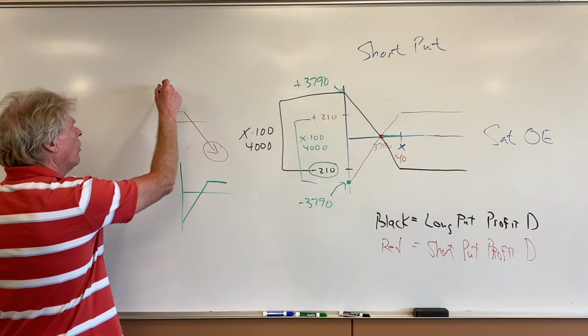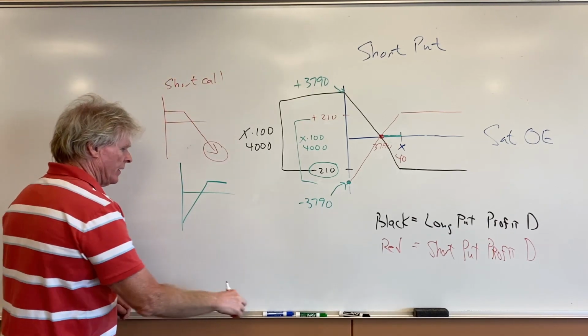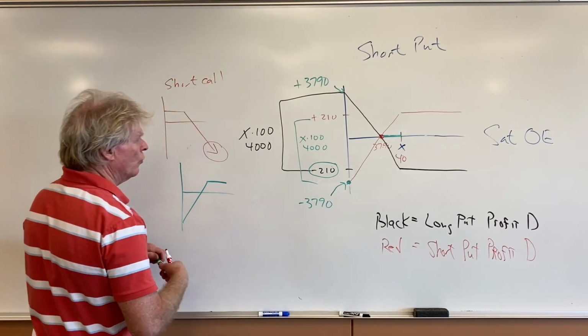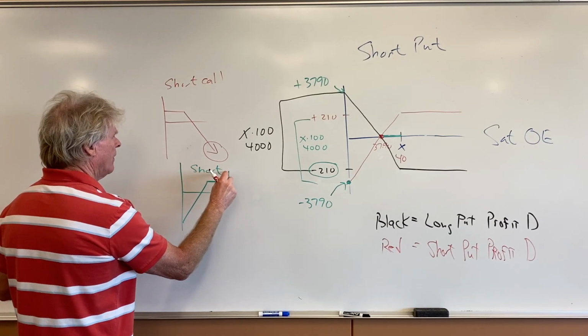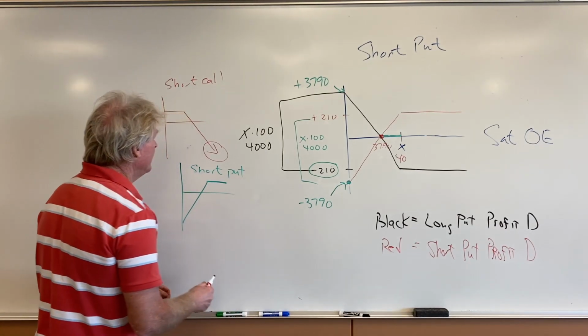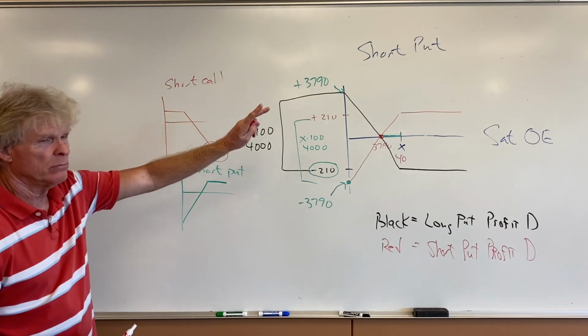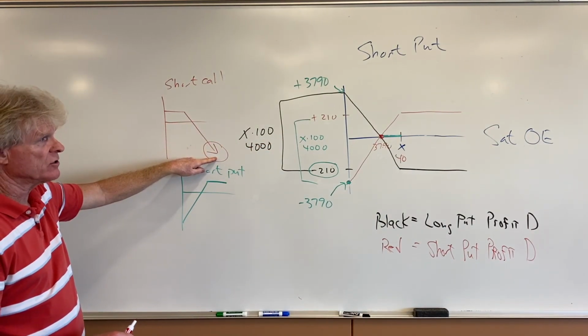So this is a call, short call. Down here, of course, is a short put. And we see that writing a call, quite different from a short put, has infinite potential loss.